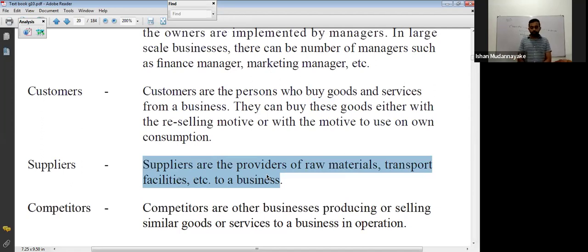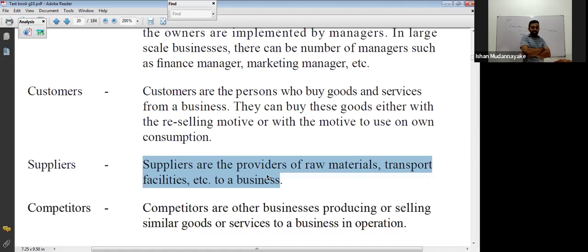All right, suppliers provide raw materials and other facilities for the business organization. Not only raw materials, they provide some other facilities, like transport facilities, for the business organization. They are called suppliers.